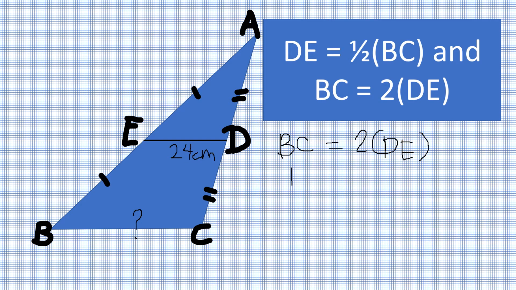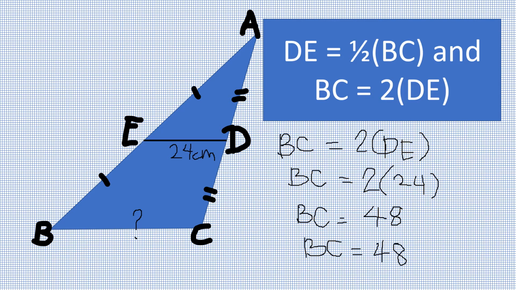So BC equals 2 times the given measure of midline DE, 24. Then BC is equal to 2 times 24. The answer is 48. So BC is equal to 48 centimeters.